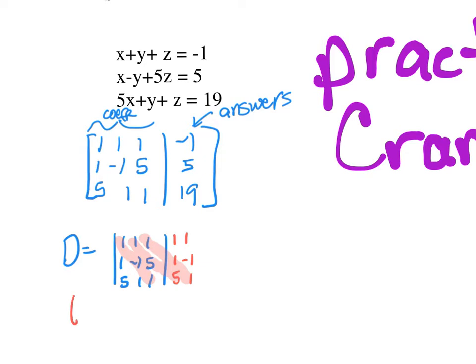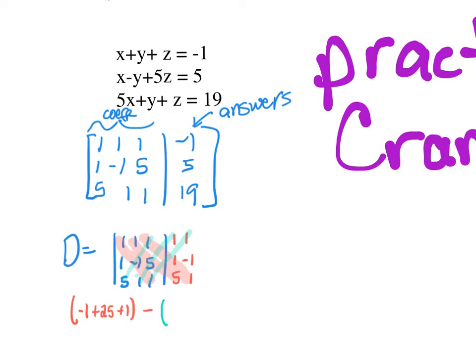So my major would be 1 times negative 1 times 1 is negative 1. 1 times 5 times 5 is 25. And then 1 times 1 times 1 is 1. Minus, let's find our minors. And that would be here, here, and here.